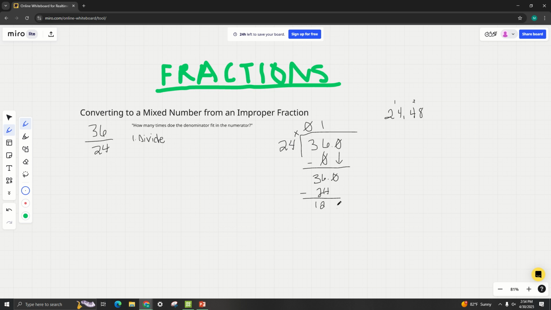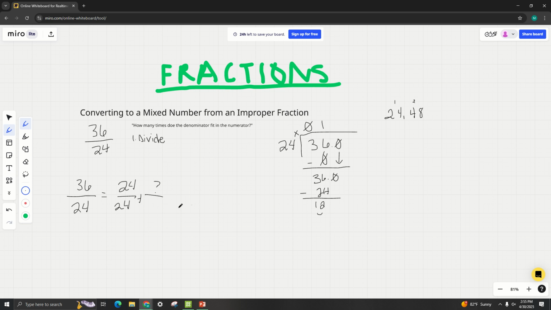We're not going to do anything else with our remainder here because we're actually going to use it. So we found out that there is one whole number. So if I rewrite this down here, 36 over 24, I know that there is one entire 24 24ths in here, plus something else left over.